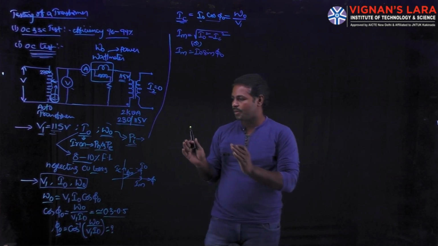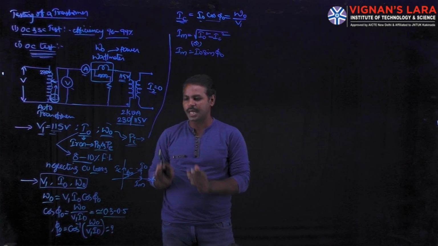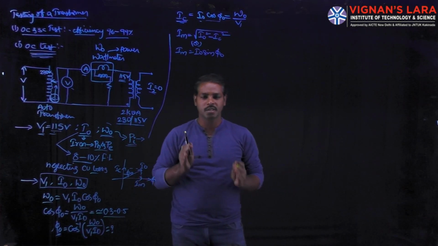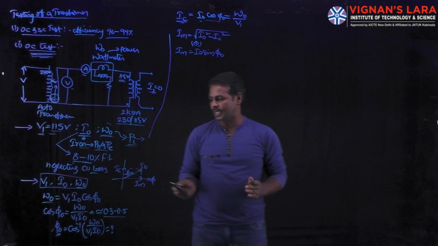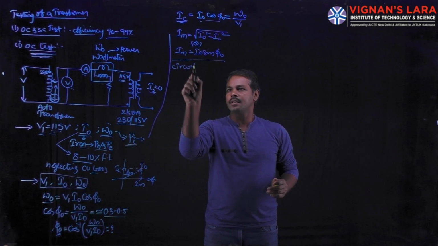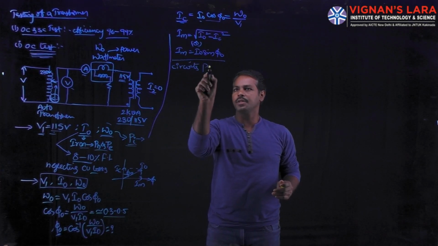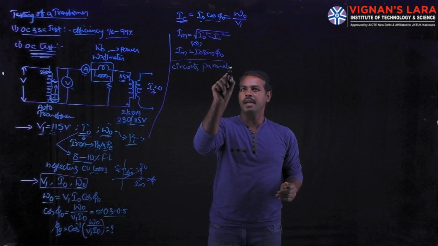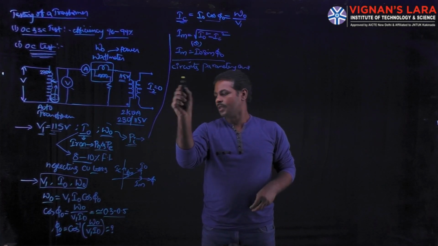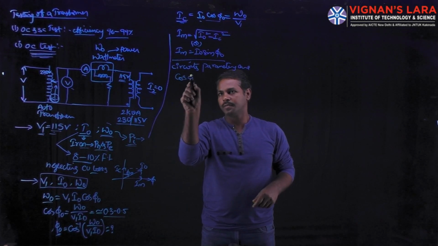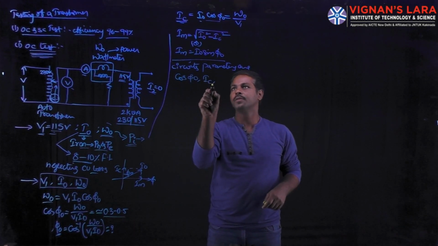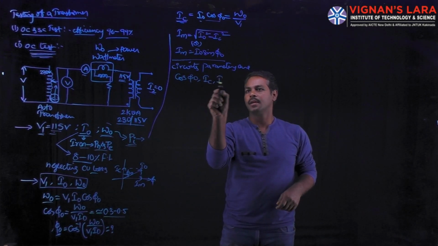Based on the open circuit test, we always calculate the circuit parameters. These are called circuit parameters. The first one is cos phi naught, the second one is the IC value, and the third one is the IM value.